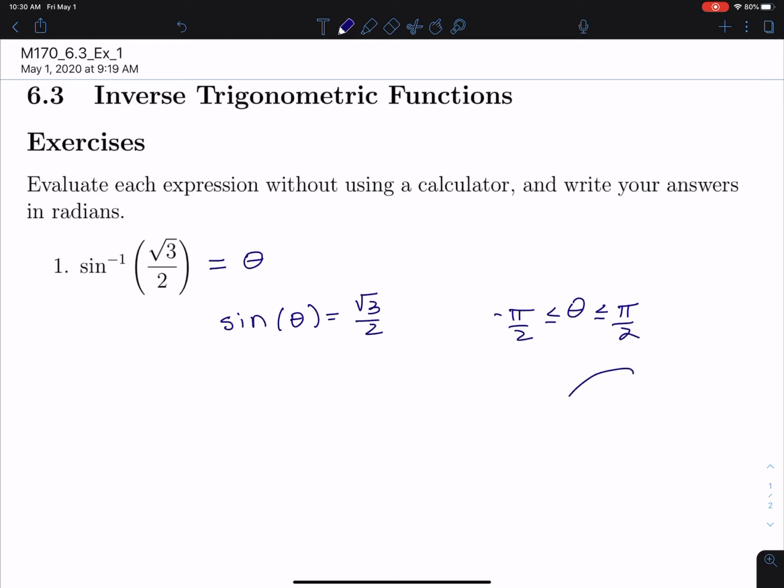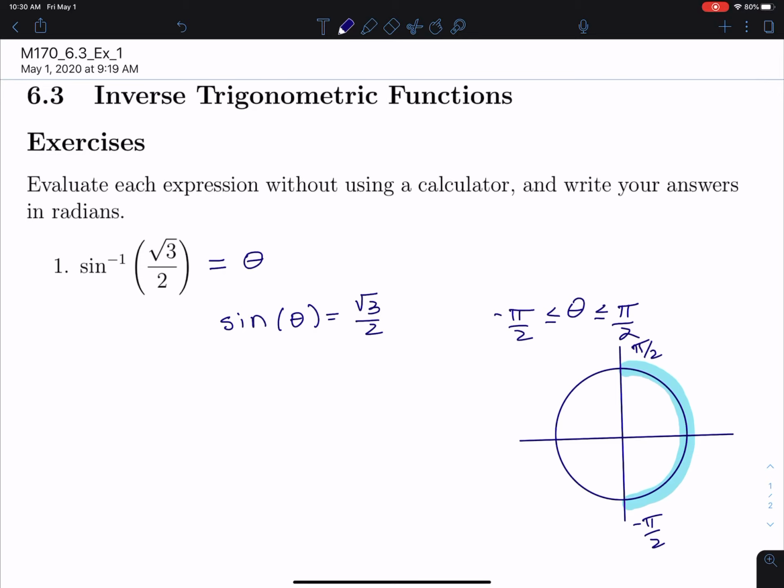On the unit circle, what we're looking for is between negative pi over 2 and pi over 2. Now, sine is positive in quadrant 1.